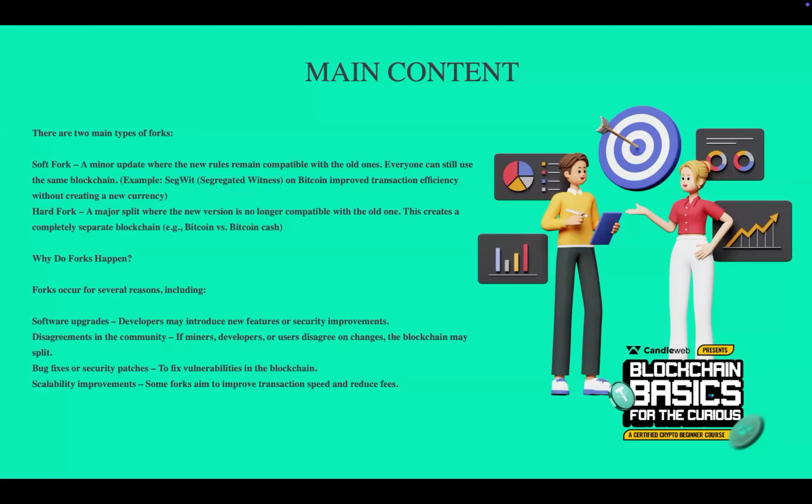There are two main types of forks, soft fork and hard fork. A soft fork is a minor update where the new rules remain compatible with the old rules. Everyone can still use the same blockchain, so that's why it's called soft. This is when there are minor updates that can be easily worked on.